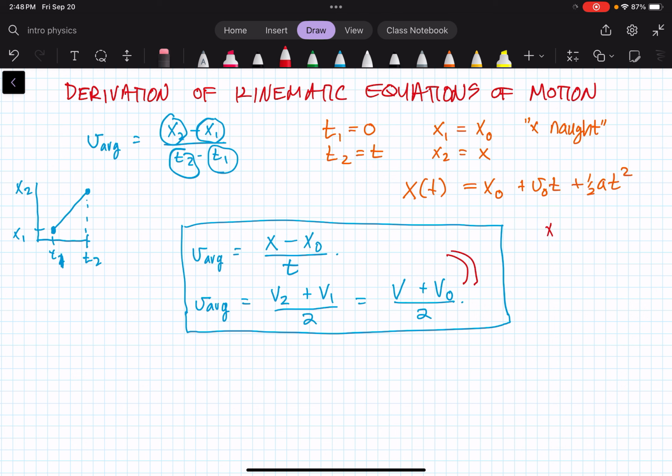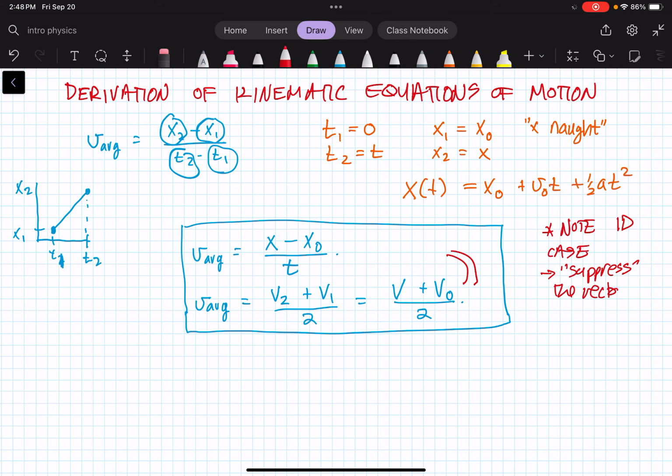Now, we should note, and I will talk about this in a different video, that this is the 1D case. And in the 1D case, as I said in lecture, we can suppress the vectors.